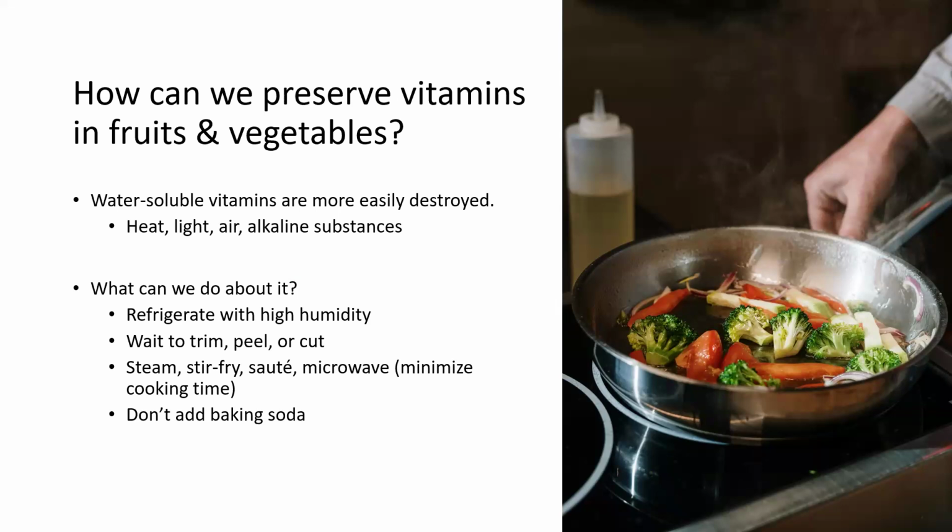So, in order to preserve those vitamins, you want to make sure that you refrigerate your fruits and vegetables and make sure that they are not drying out, so increase their humidity. Avoid trimming, peeling, or cutting them until right before you use them. Opt for cooking methods like steaming or stir frying or sauteing or even microwaving so that you minimize cooking time. And avoid adding baking soda, which is alkaline, because it can also destroy certain vitamins.